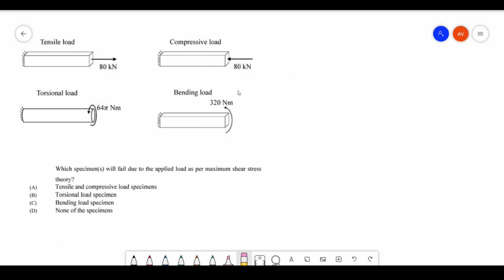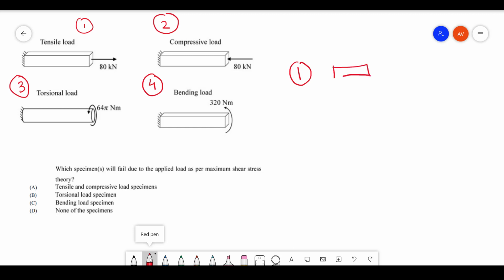So here is the problem. Let's name these cases 1, 2, 3, 4. So let's take case 1.